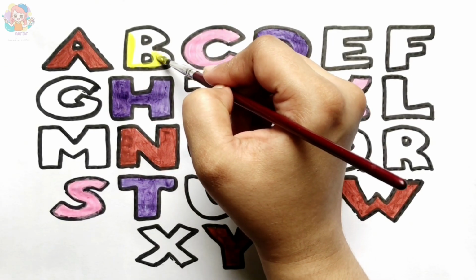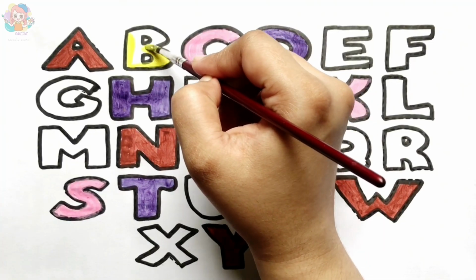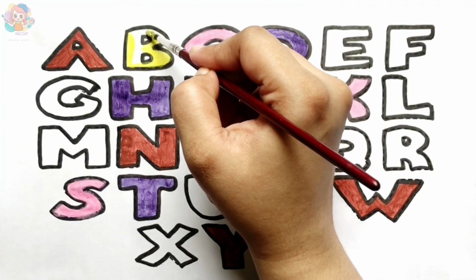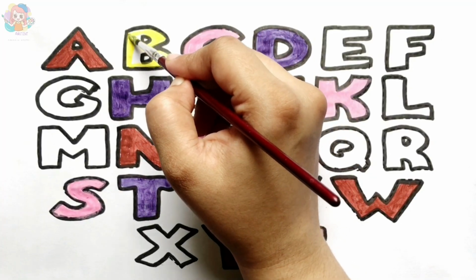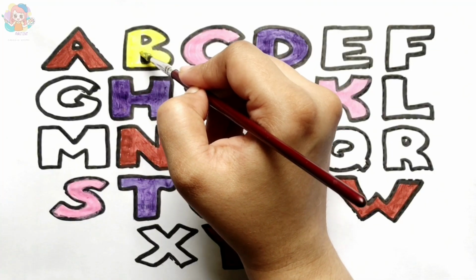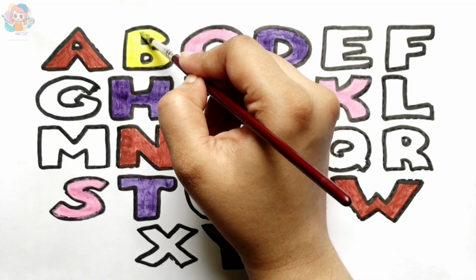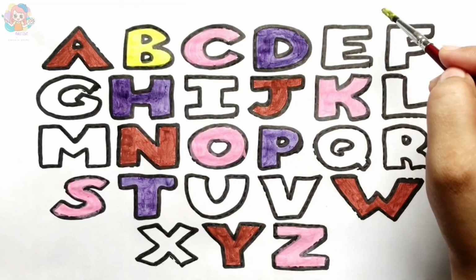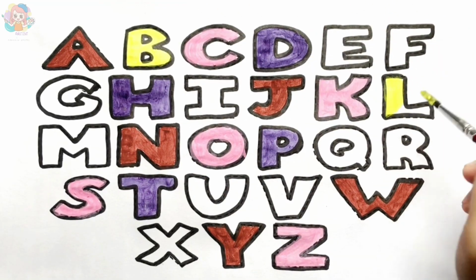Yellow color. B. B for banana. L. L for line.